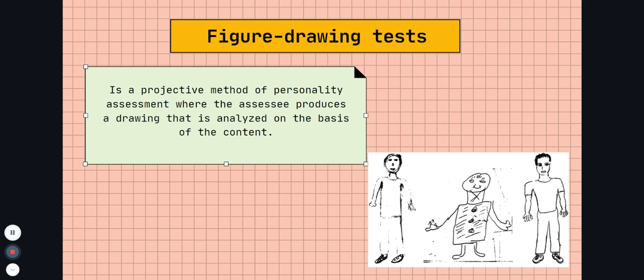The personality will be assessed by the assessor based on the content of the drawing of the child or the assessee. Whatever he or she draws would be the basis for the rating of the psychological assessment or the personality assessment conducted by the assessor.